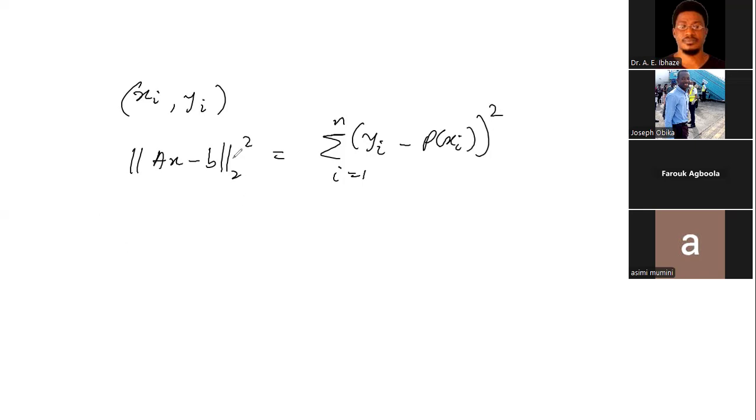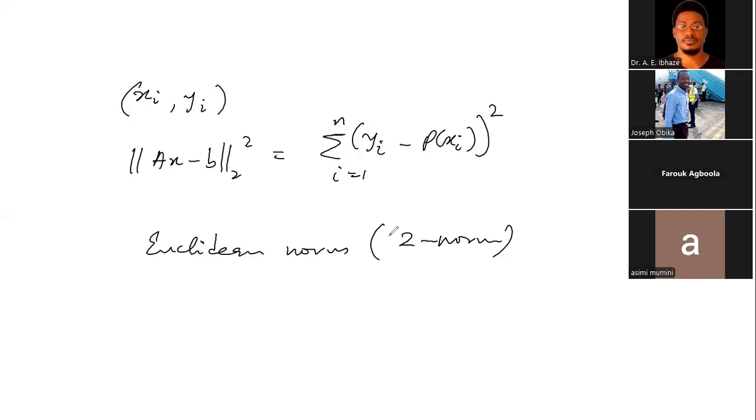So this is called the Euclidean norm. Okay, and we use 2 to designate this norm. So it ensures the total squared error is minimized.